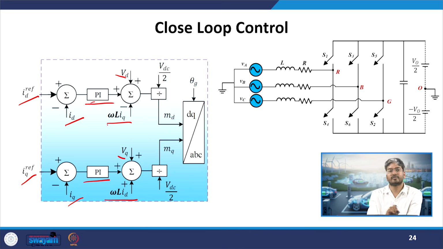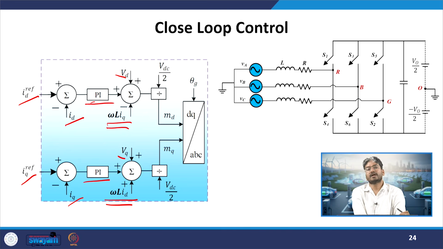These two are feed forward terms, which we give to increase the response of our system. And these two terms we have already discussed, they are the decoupling terms. If those are absent and I change the active power, it will slightly affect my reactive power. So to eliminate this cross coupling, we have provided these decoupling terms.